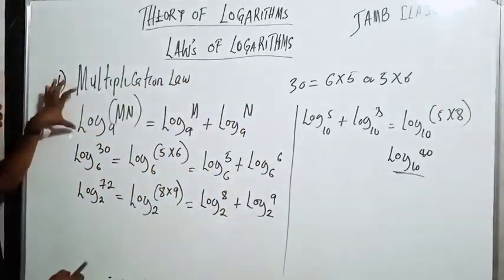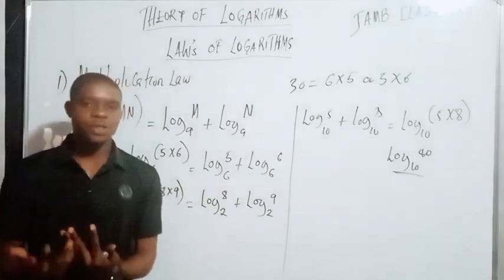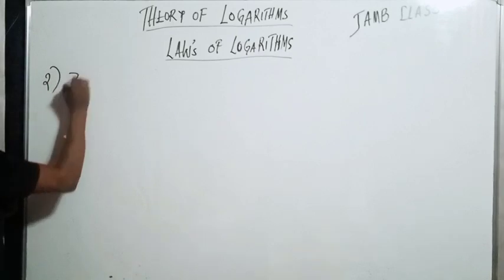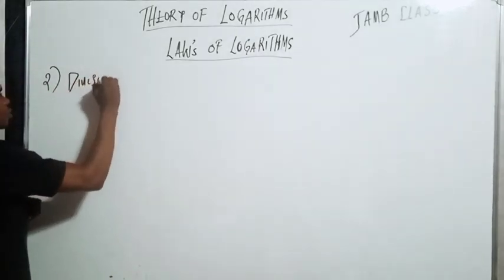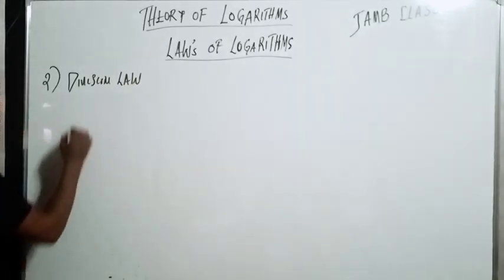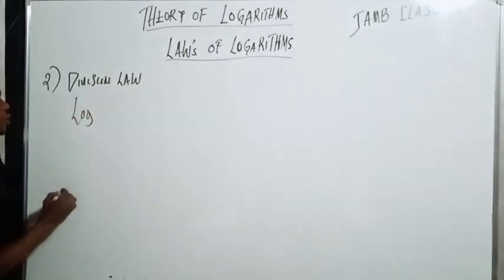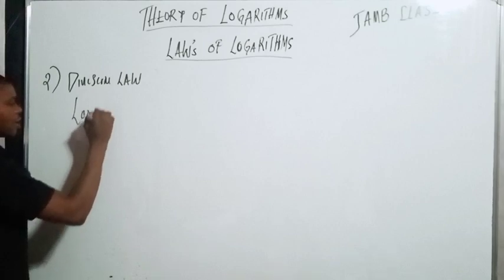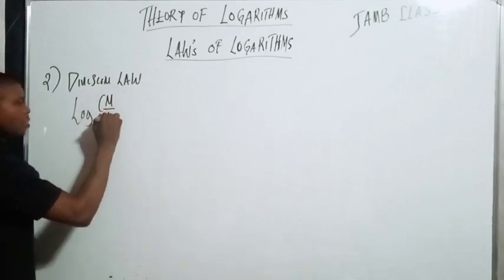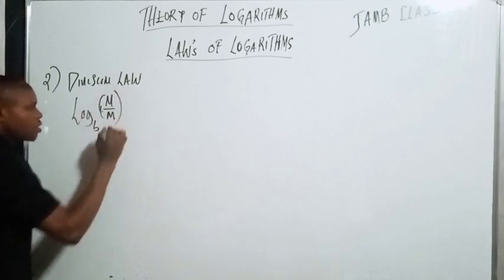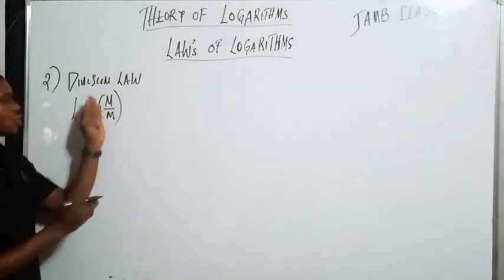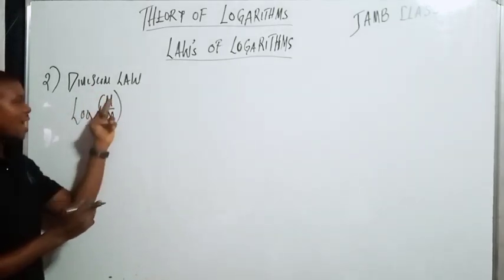So this is the first law, the multiplication law. Let me go to the next law, law number 2, the division law. In the division law, we have log b of n over m.